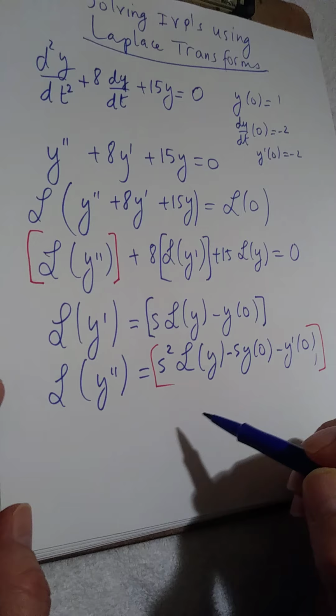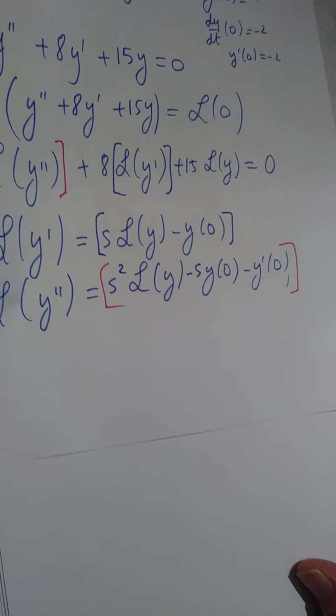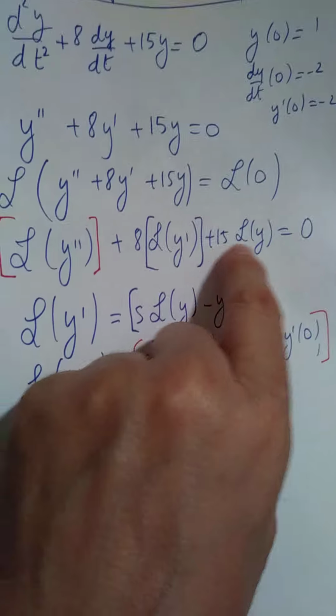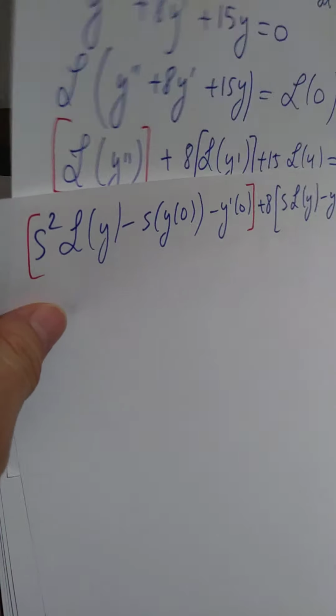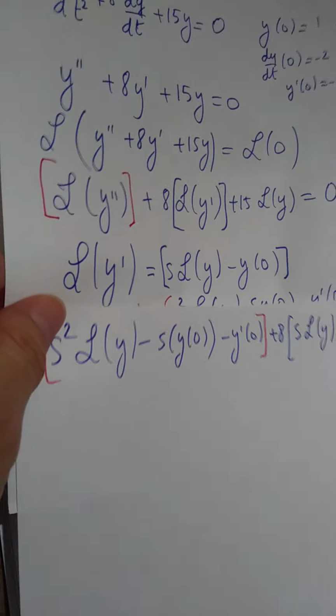I'm going to do the algebra. So here's the equation. Transform of y double prime plus 8 transform of y prime plus 15 transform of y equals 0. Okay. Transform of y double prime is the red bracket, so I'm going to replace it by this.